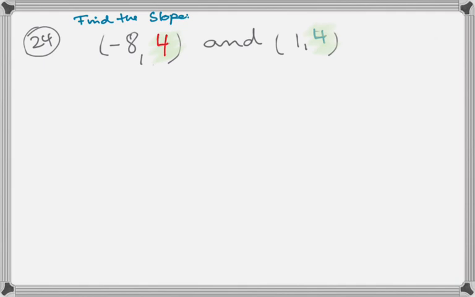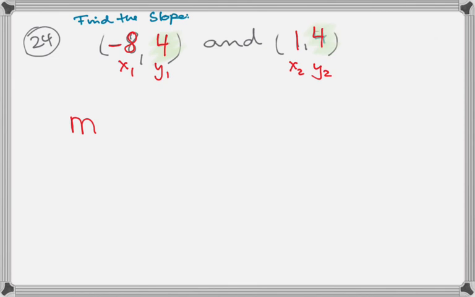-8 and 4. 1 and 4. x1, y1, x2, y2. What is the slope? Anissa, you got something? What is the slope? 0? You agree?